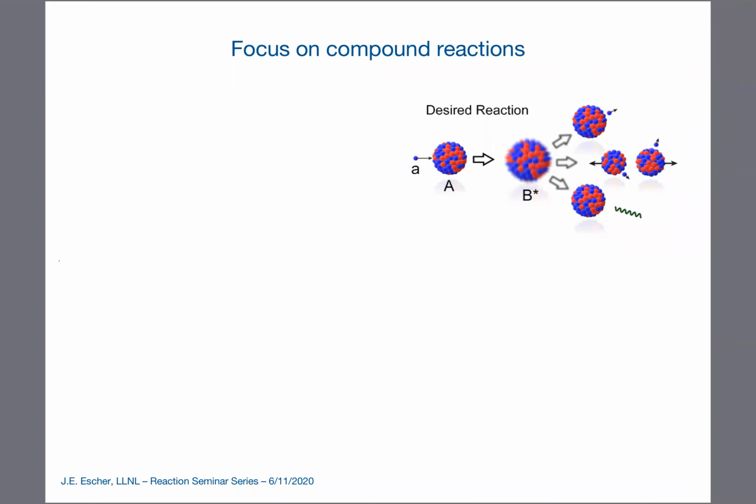Now, most of the reactions that I have mentioned just a moment ago are compound nuclear reactions. In such a reaction, we have a projectile, here little a, hitting a target nucleus, and it fuses. It produces a highly excited system that equilibrates, and then that system can decay in various possible ways: by particle evaporation, by fission, or by gamma emission.